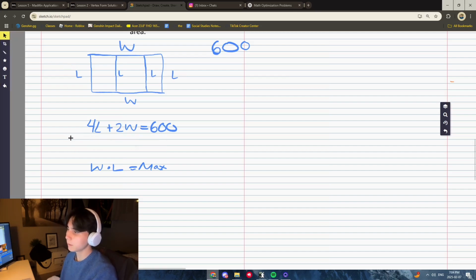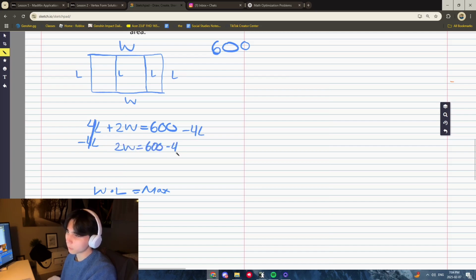So just to make it easy, I'm going to solve for W here. You're just going to subtract 4 length from both sides. It should cancel out. You get 2 width is equal to 600 minus 4 length. Divide everything by 2 and you get 300 minus 2L.